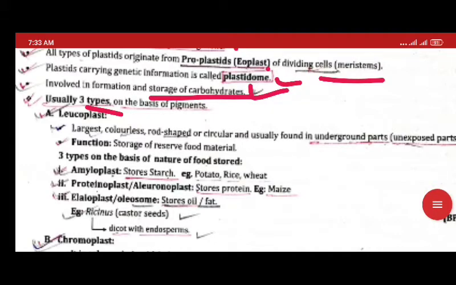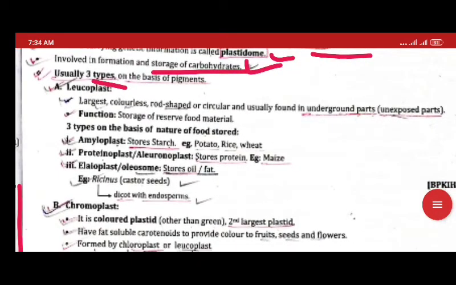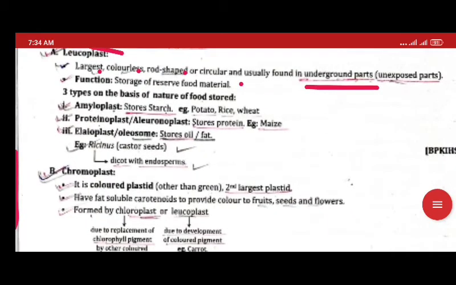Now there are three types on the basis of pigment. First is leucoplast, which is the largest among all, colorless, rod-shaped or circular, and found in underground parts. Its function is storage of reserve food material.